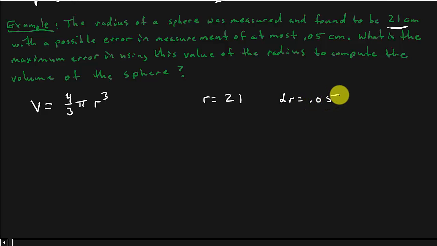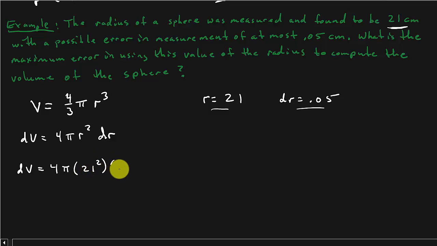That's our error. And so I've got dV is equal to 4 pi r squared times dr. So when r is 21 and dr is 0.05, I get dV is 4 pi times 21 squared times 0.05, and that is equal to about 277 cubic centimeters.